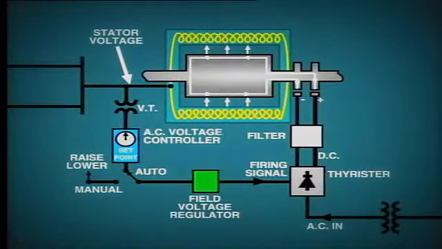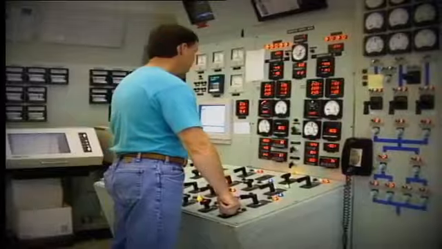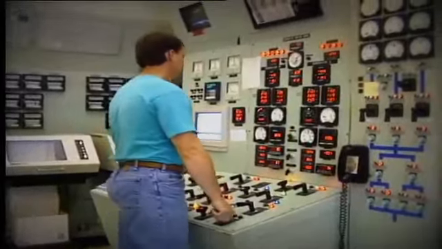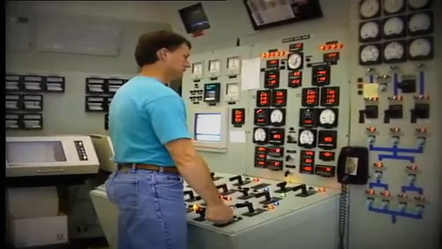This controller monitors the generator bus output voltage through VTs and automatically adjusts excitation to maintain the set point voltage. The operator can adjust this set point and thus exercise control while the excitation system is operating in auto.